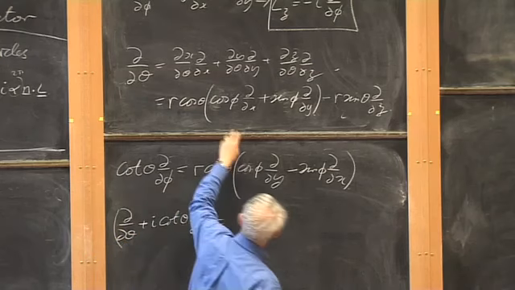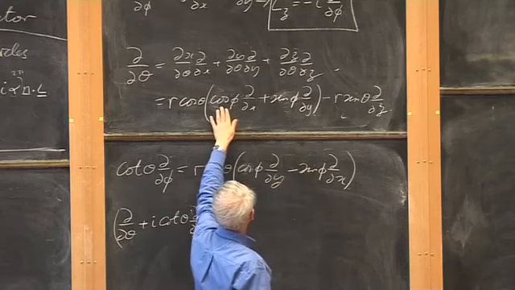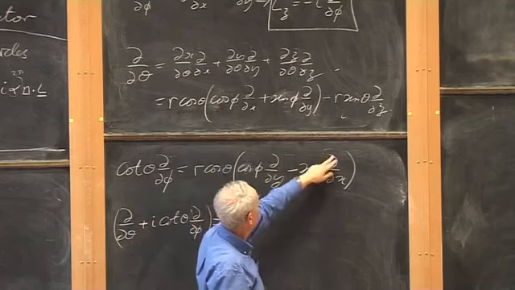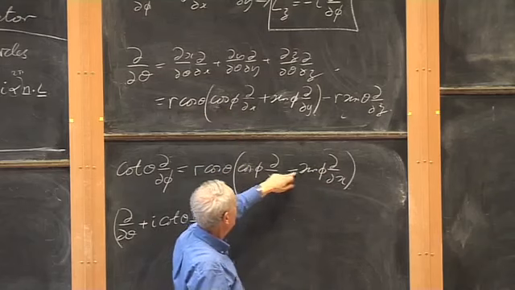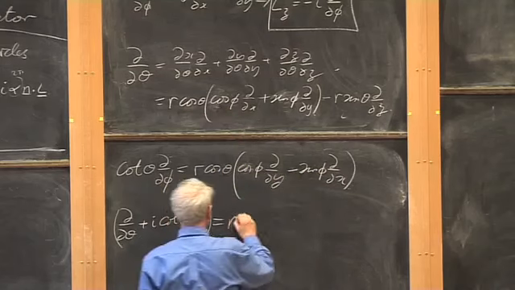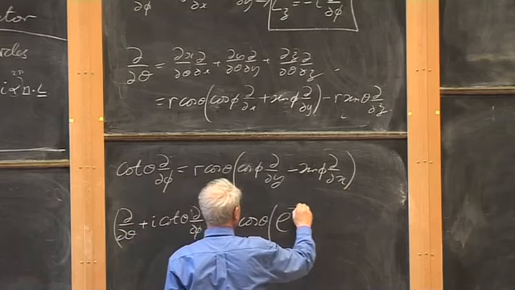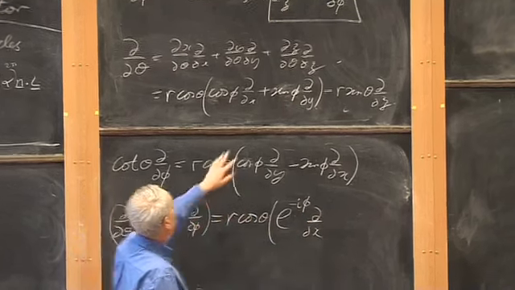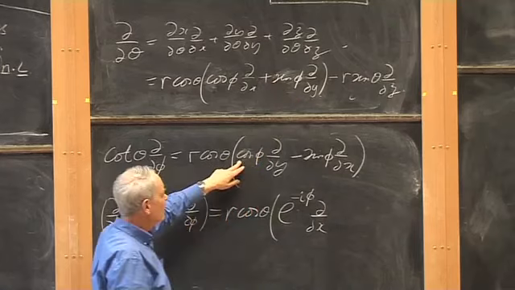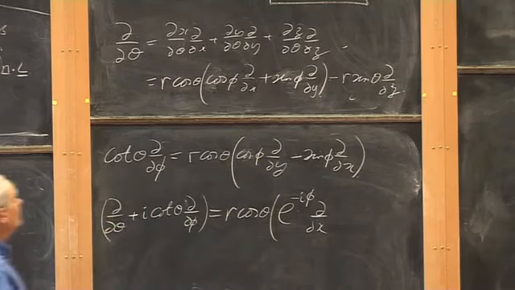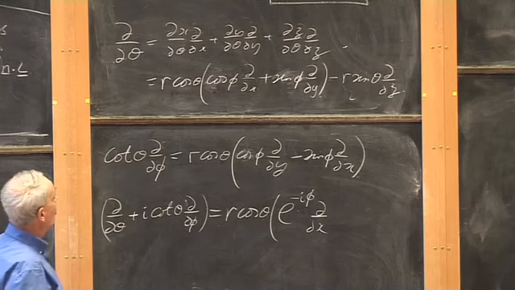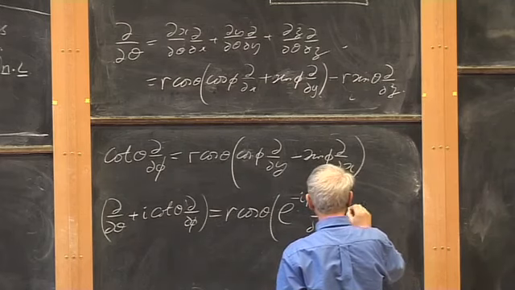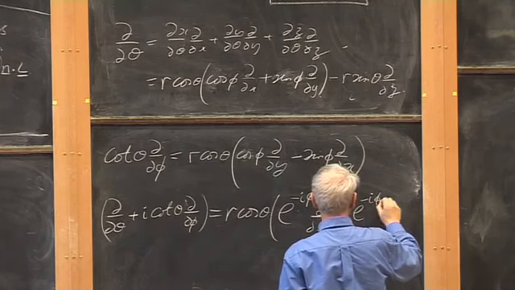I'm looking at the wrong coefficients. So what am I going to be doing? I'm going to be adding i times this to that, with a common factor of d by dx. So we're going to have cos phi minus i sine phi, which is well known to be written as e to the minus i phi. That's how much of d by dx we're going to have. And then we're going to have sine phi plus i cos phi, and that is going to be plus i times e to the minus i phi d by dy.